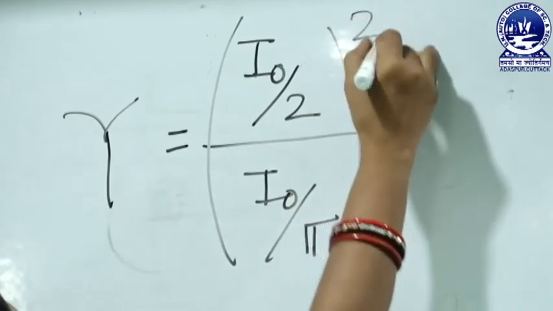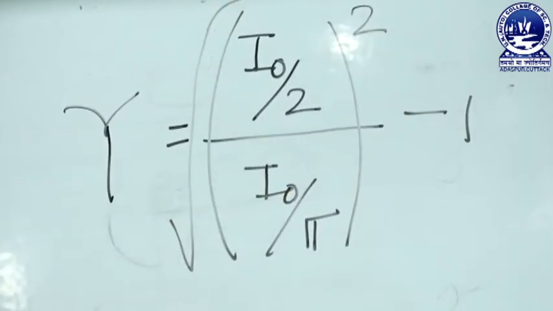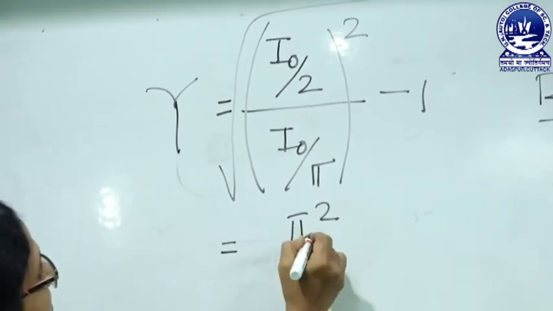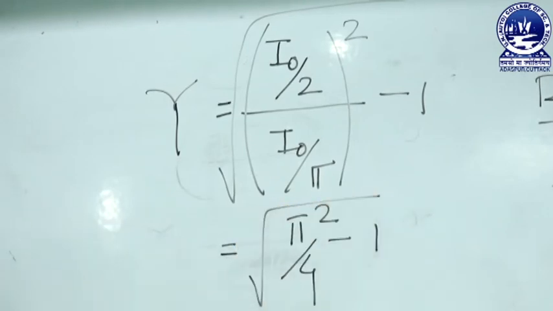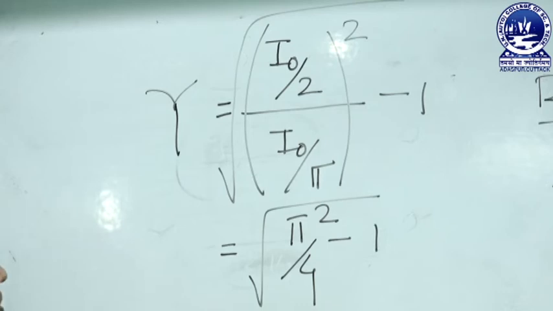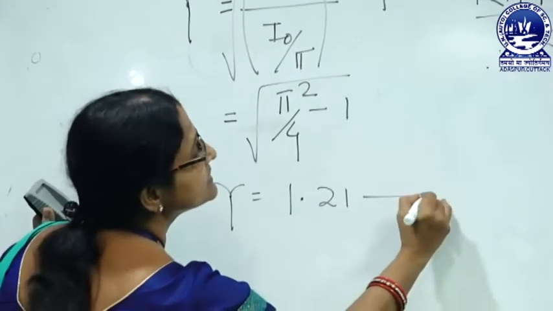So gamma equals the square root of (pi squared by 4 minus 1). Here that is 3.14 squared by 4, then minus 1, then the square root. So gamma equals 1.21. This is equation 6.